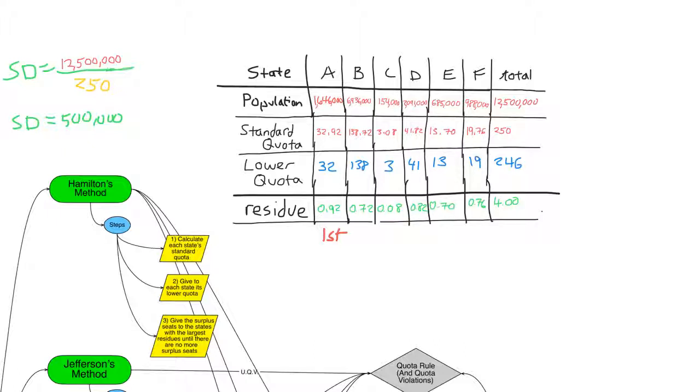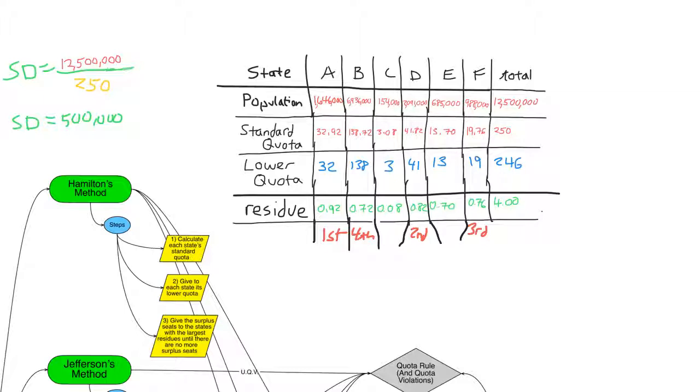Looks like state D has the next one. It looks like state F has the third one, and state B has the last one. So state D gets the second surplus seat, and state F gets the third, right? And finally, state B gets the last, or we could just call it the fourth. I'd rather call it the fourth. All right, and we'll do maybe a little divider here too.